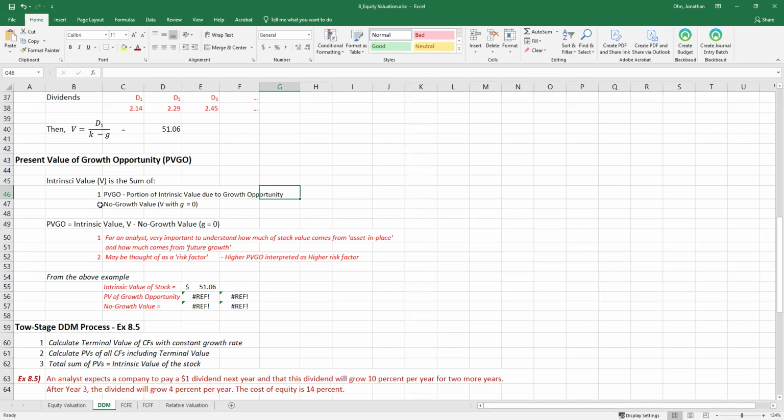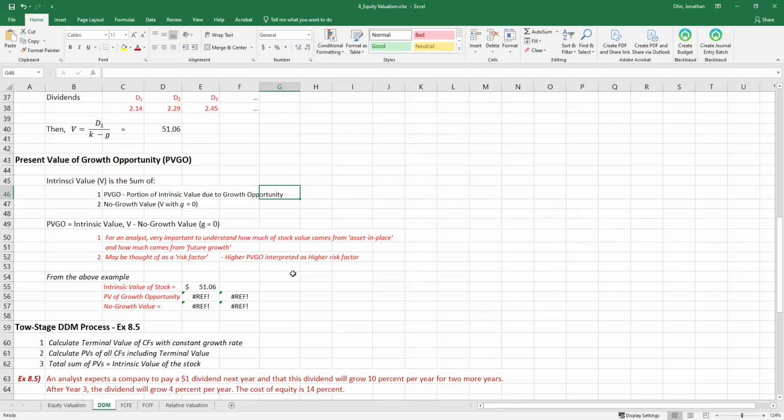The no growth value is already kind of secured, but the other comes from future growth opportunity, so there is uncertainty. If the present value of growth opportunity is high, then you could say that company is riskier compared to others.